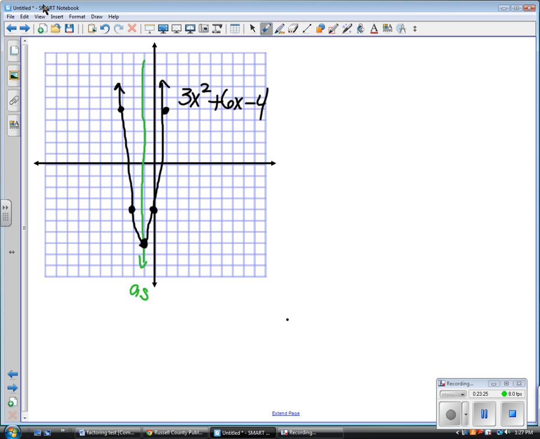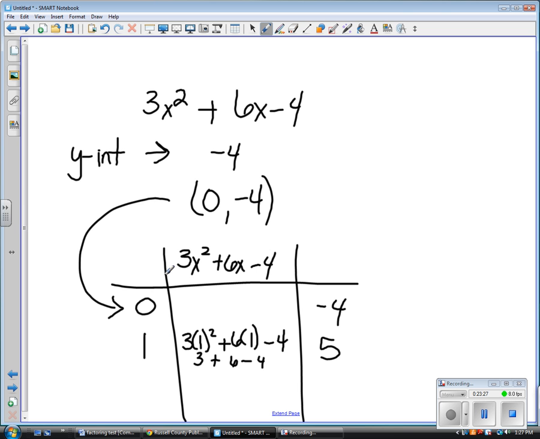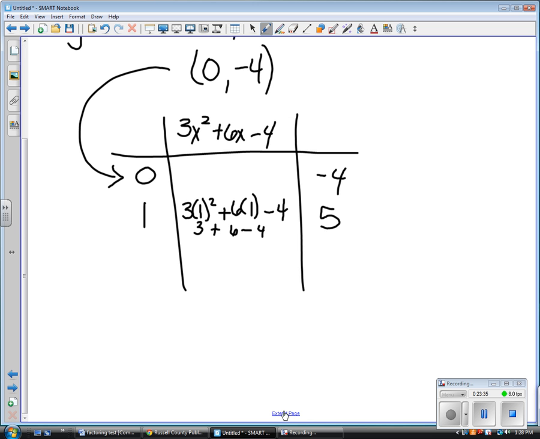This one? Yeah, that one. When I go back, you know how I got 0, -4, right? Well, my next closest point, using a whole number, was 1. So I plugged into a table down here at the bottom: here's my x, there's my equation, and here's my y. Everywhere I saw an x, I plugged in 1, did the math, and came out with a 5.